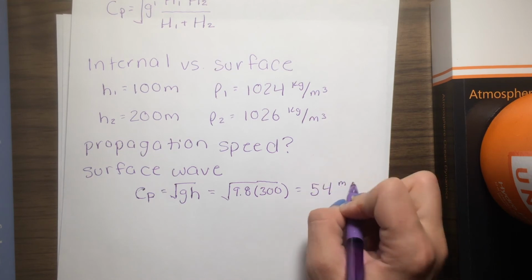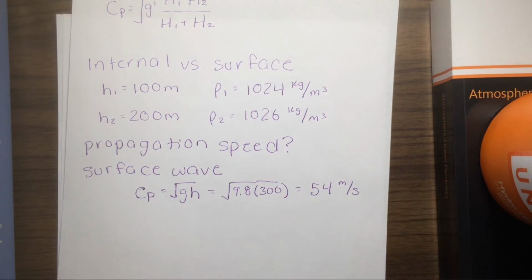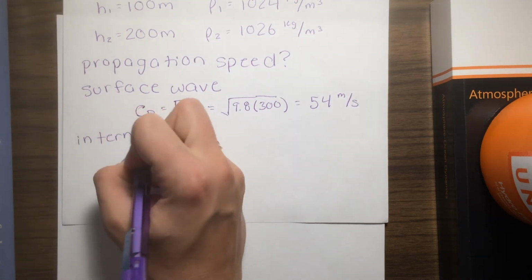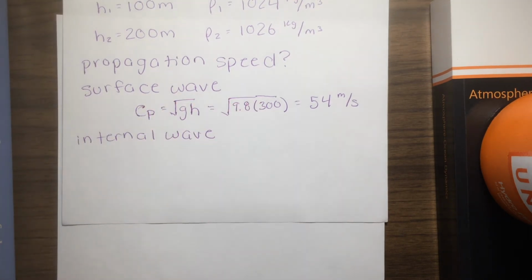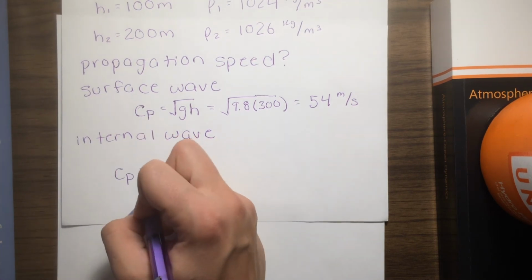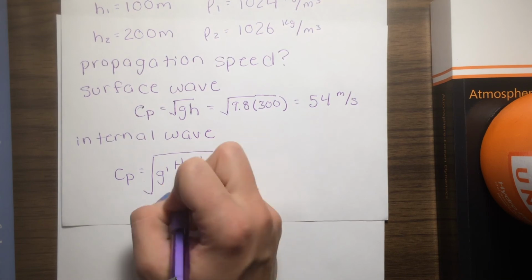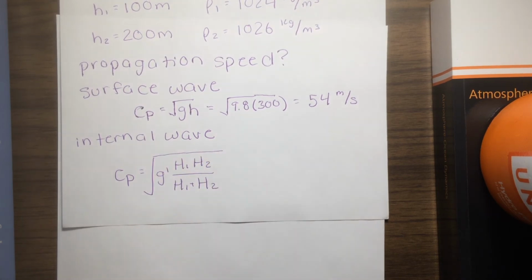We use the total depth here since the surface wave is traveling over the surface rather than on the interface between the two layers. When solving for phase speed, we arrive at 54 meters per second. Now, when we solve for the phase velocity for an internal gravity wave, we find that the propagation speed is much slower.